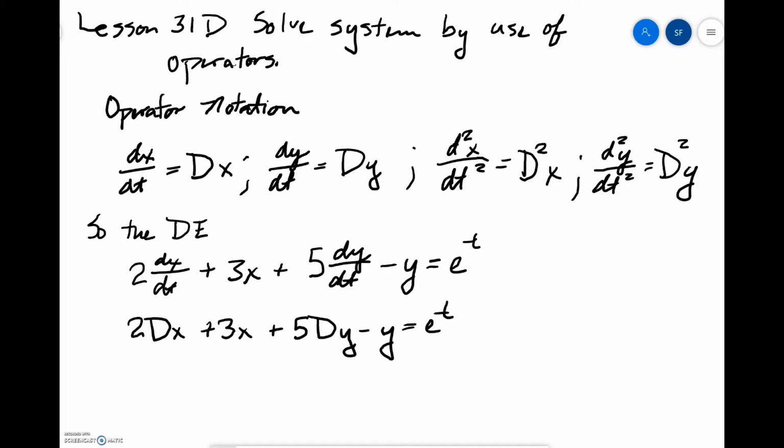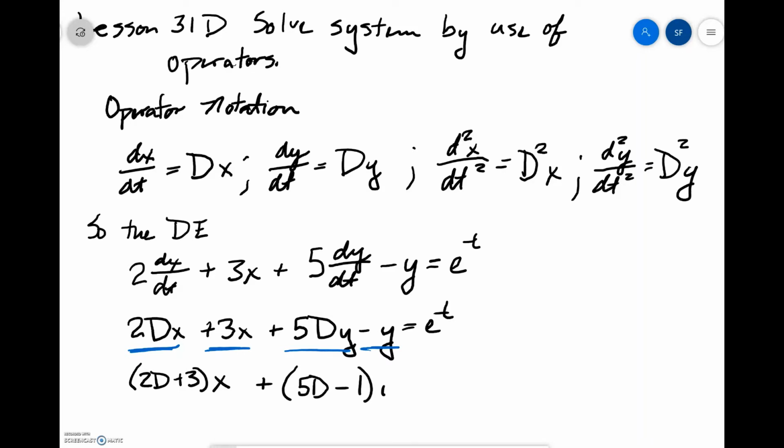And the nice thing about these operators is that they follow all the algebraic rules. So anything that we did with algebra, we can do with these operators. For example, since these terms both have an x in common, if we factor out the x, we get (2D plus 3)x. Over here, these two terms both have a y, so we factor out the y and get (5D minus 1)y equals e to the t.